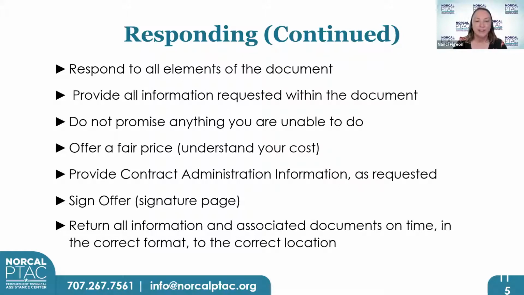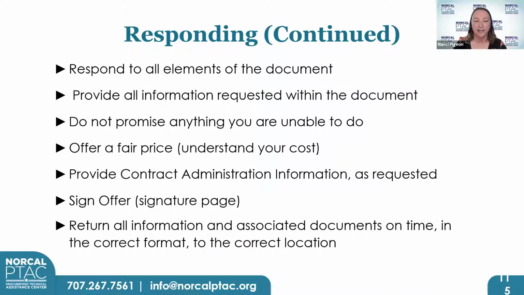And then somewhere in the solicitation is a place for you to sign your offer. This may be on a form such as the SF 1449 if it's a regular solicitation and not a combined synopsis solicitation. For a combined synopsis solicitation, the bid or proposal page may have a signature page on it.